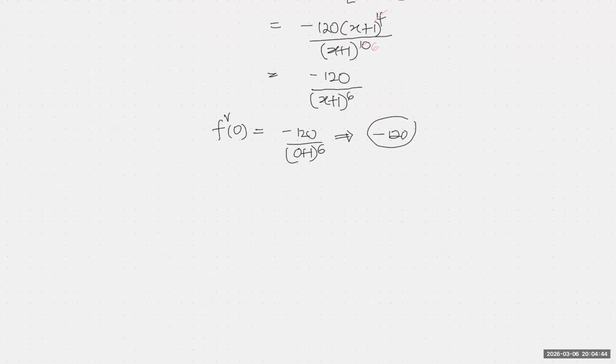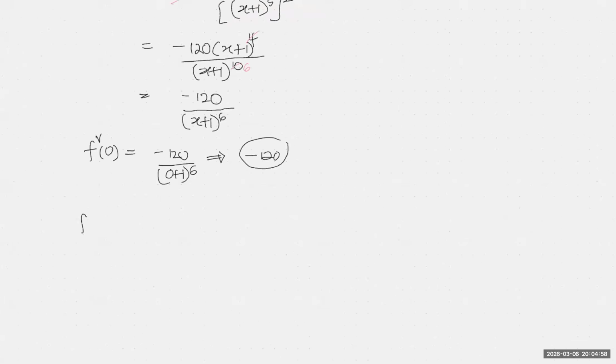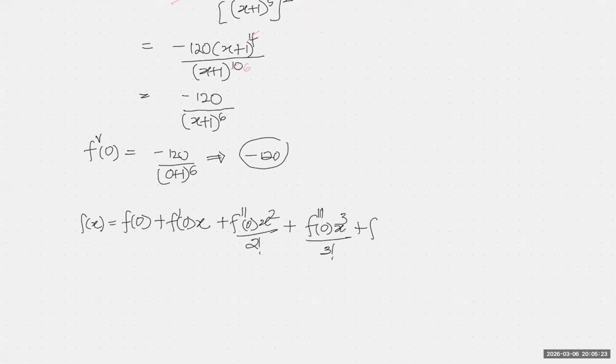This is a part that I almost don't like doing on screen because f of 0 plus f dash of 0 times x plus f double dash of 0 times x squared over 2 factorial plus f triple dash of 0 x cube over 3 factorial plus f to the fourth of 0 times x to the fourth over 4 factorial plus f to the fifth.